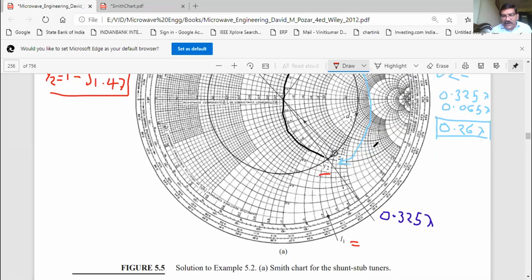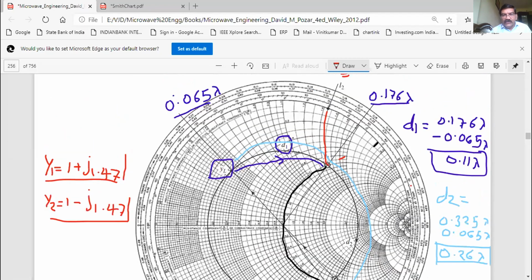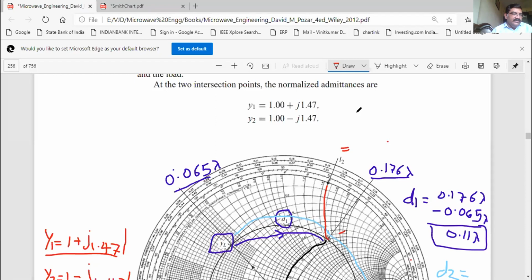Just give me these values of L1 and L2 so that I'll go further. I'm not going to give these values because it is for you to do.